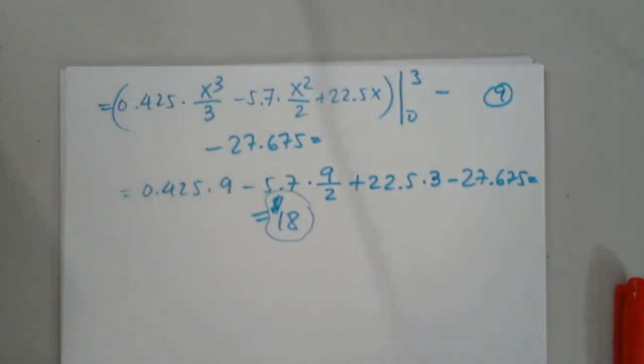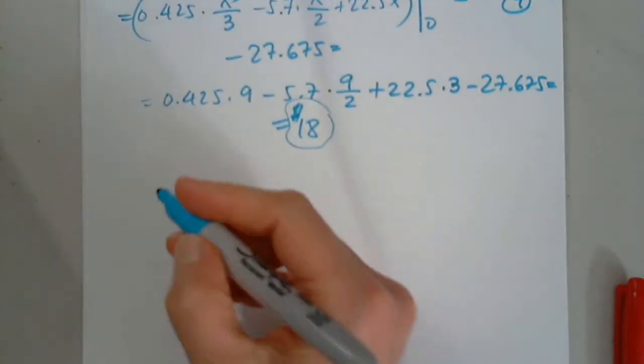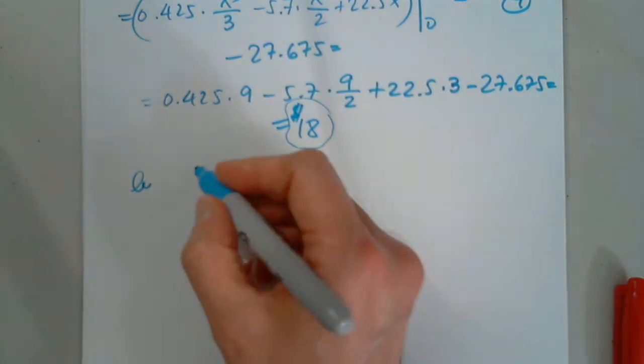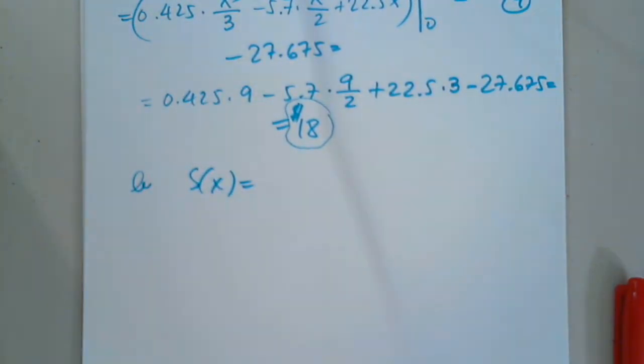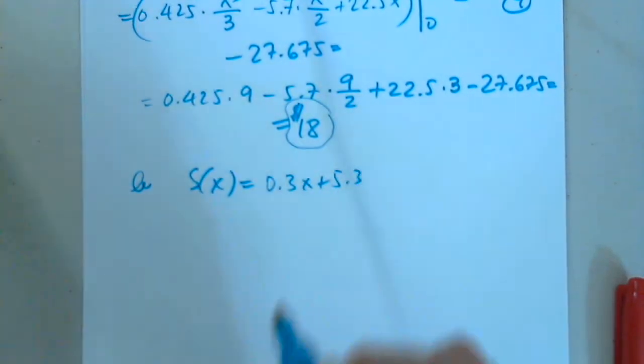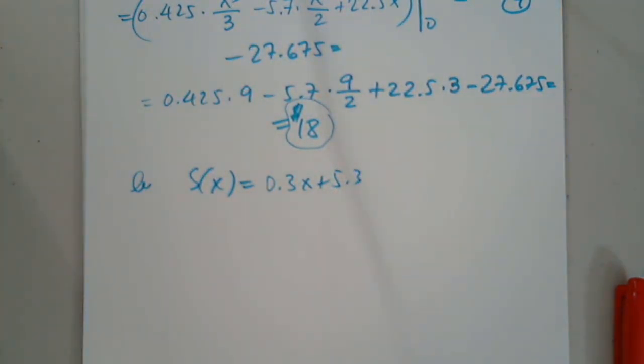Okay, part B. Suppose now that the supply function is given by S of x, okay, let's see, 0.3x plus 5.3. Find the producer surplus if Chris is sold 3 slides.